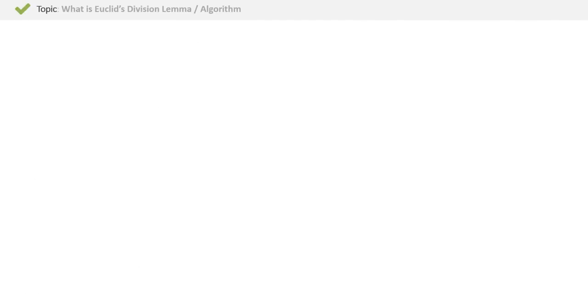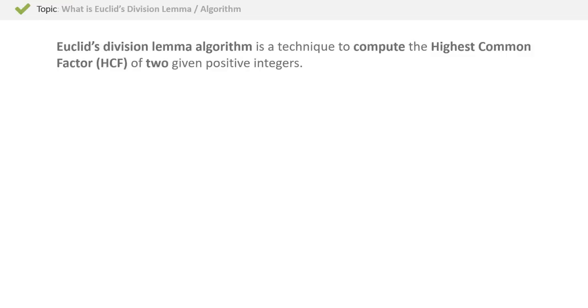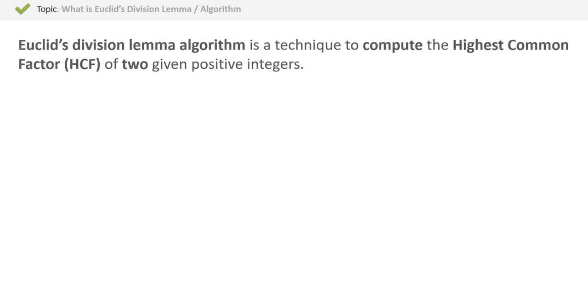Now let's talk about what is Euclid's division lemma or algorithm. Euclid's division lemma or algorithm is a technique to compute the highest common factor of two given positive integers. This is a technique through which we can compute highest common factor, also known as HCF, of two given positive integers.